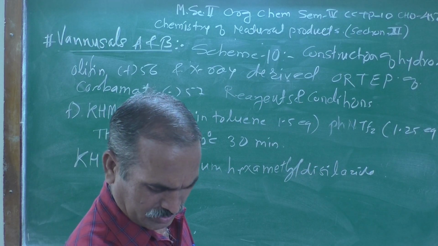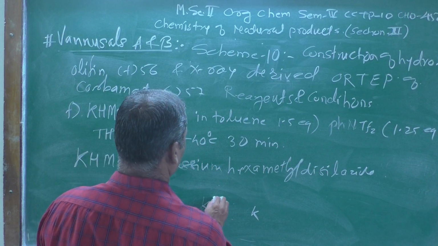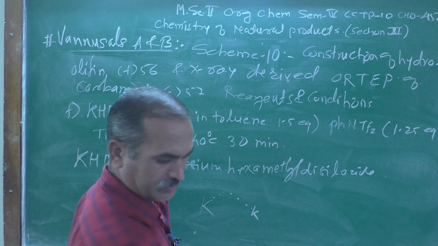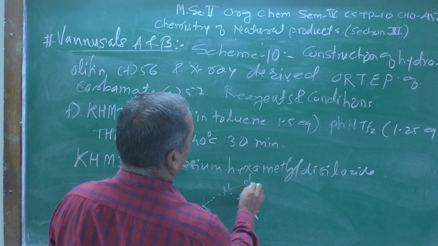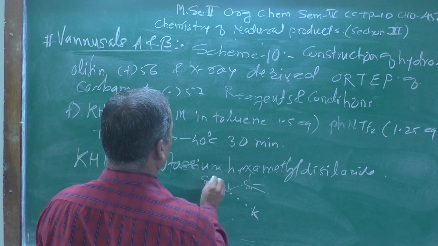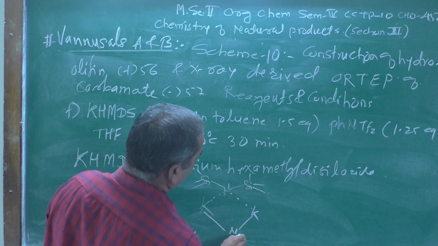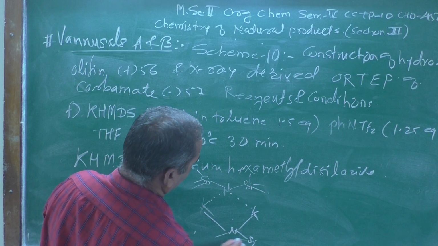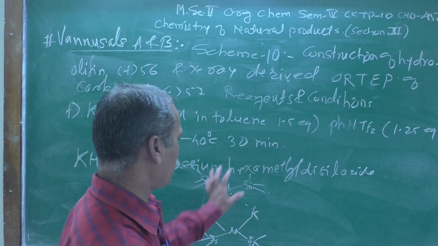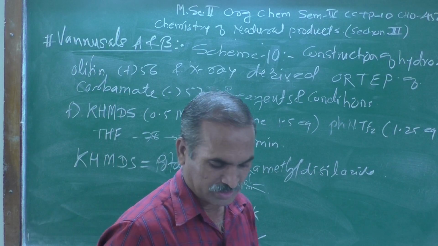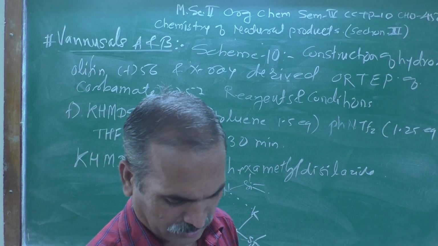Let's see the structure here: potassium, K is written like this, then there will be nitrogen, then Si with methyl groups, and then nitrogen, further silicon, and three methyl groups joined there. That's why this name is given to that compound.